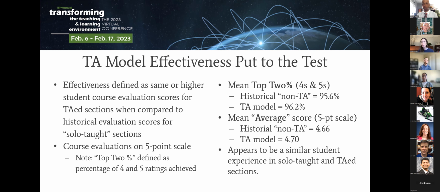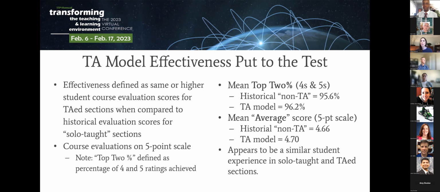And then the mean average score, again on a 5-point scale: the historical non-TA was 4.66, and the TA model had a 4.70 average score. So overall, taken together, we were really pleased, recognizing that there was a similar student experience, maybe slightly better, not a huge difference, but certainly a similar experience in the solo taught course versus the TA'd course.